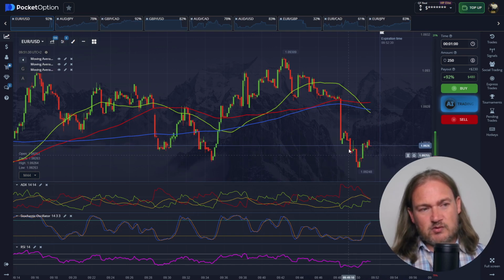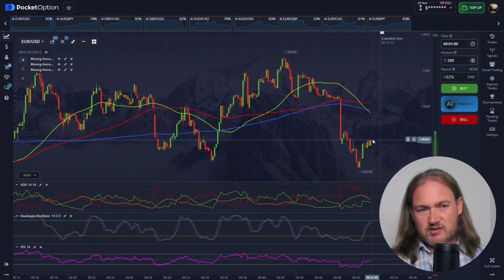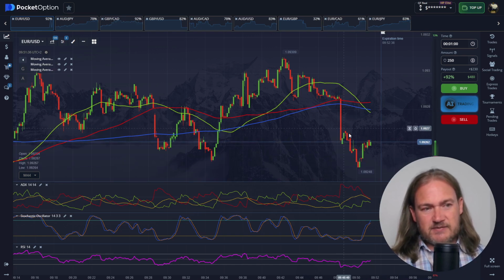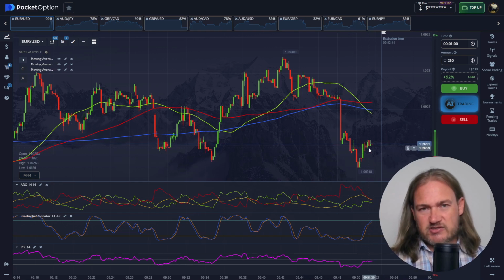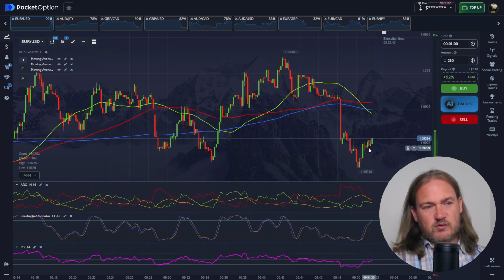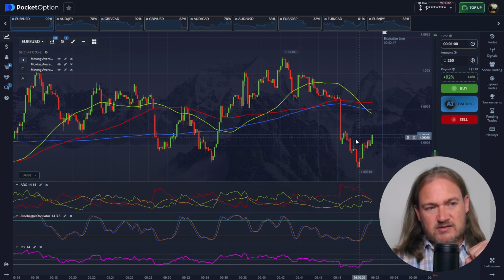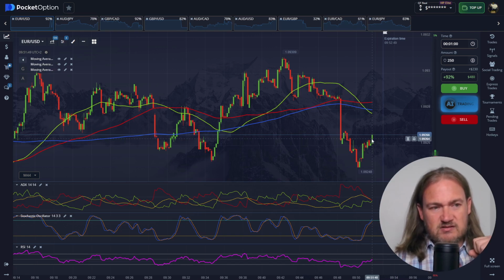Most often it will just be a small correction in the move and then continue in the direction. So oftentimes we will get some hidden divergence when there's a correction like this, and that's where we're going to look for entries. But it needs to be valid hidden divergence. This is not at the moment, so it's not something I'm going to consider playing.